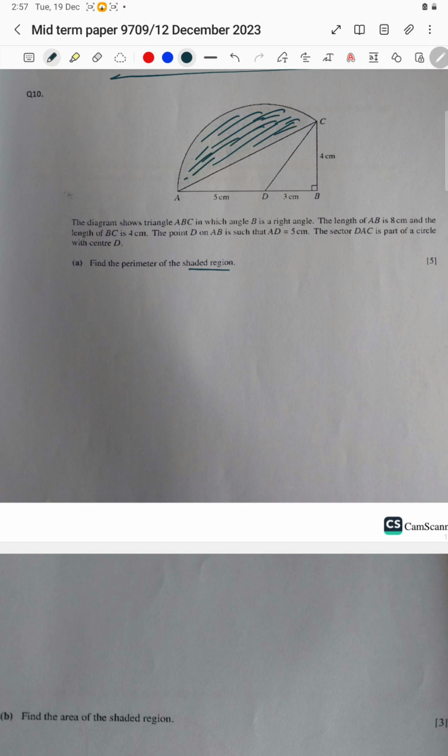For the perimeter, we need length AC plus arc length. If we take this as a whole unshaded triangle, this is 5 plus 3, the total length goes to be 8, and the height is 4.